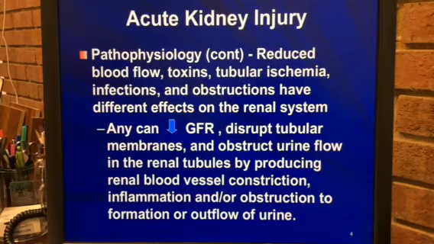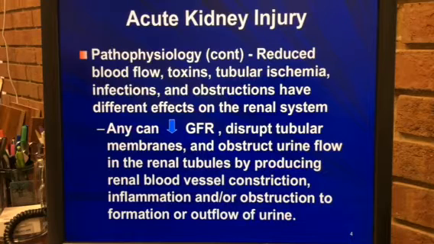Anyway, pathophysiology continued. Reduced blood flow, toxins, tubular ischemia. Think about what is tubular ischemia. Infections and obstructions, these all have different effects on the renal system. Any of these can decrease your glomerular filtration rate.